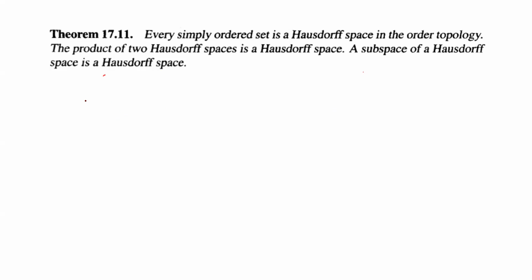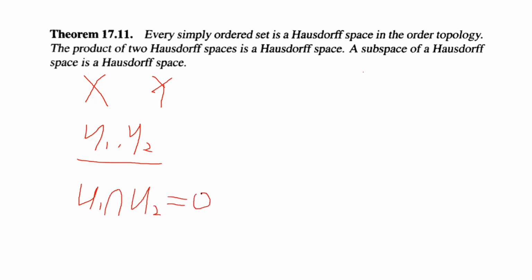Suppose we have a topological space X and its subset Y. Let y1 and y2 be two distinct elements of Y. Since Y is a subset of X, they are also elements of X. Since X is a Hausdorff space, we can find two disjoint neighborhoods, U1 and U2, whose intersection is empty, where y1 is an element of U1 and y2 is an element of U2.